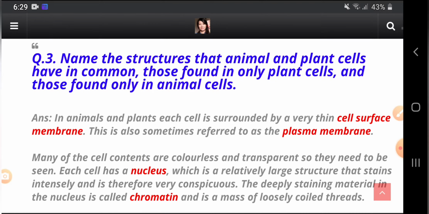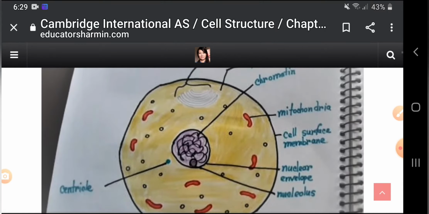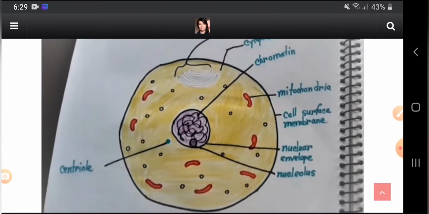Here is one broad question: name the structures that animal and plant cells have in common, those found only in plant cells, and those found only in animal cells. I'm going to show you a diagram.